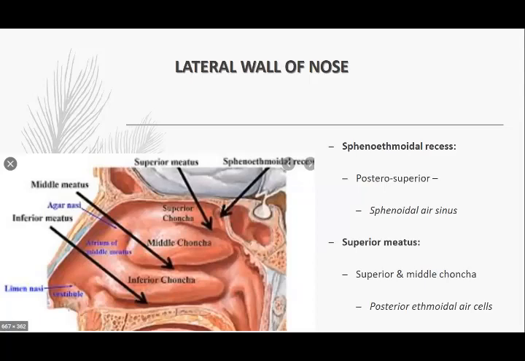After that, this is the superior concha, this is the middle concha. The gap in between them, this is the superior meatus. Okay, so between the superior concha and the middle concha, you have this part which is called the superior meatus.